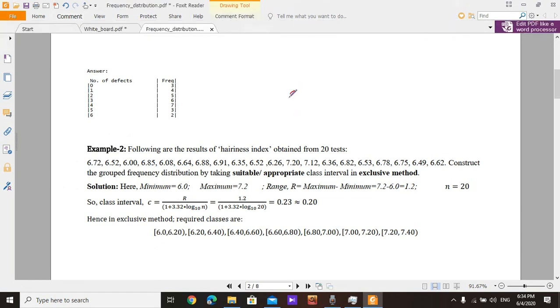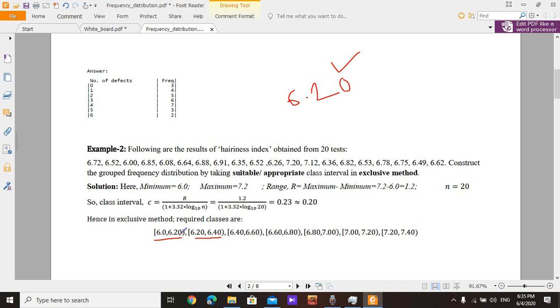What do we say about this? If we have a data point, say 6.20, in which class do we assign this value? In this class 6.20 is excluded, because the interval is open at 6.2. So in the case of 6.2 we assign it to 6.2 to 6.4, that is the second class.